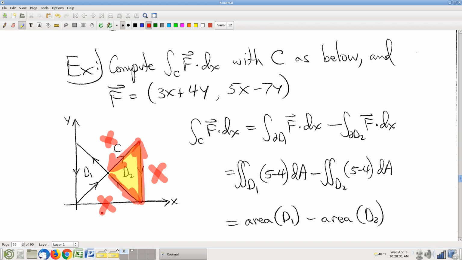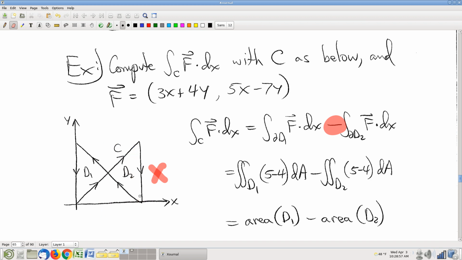It is therefore the negative of what we're looking for. So if I talk about the boundary of D2 going around this in the way that boundaries go, I get the exact negative of what I'm interested in. Keep in mind what I'm interested in is the curve C as it's described, which goes around the other way.